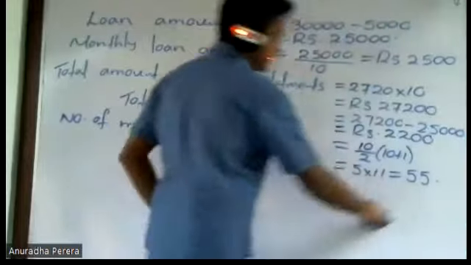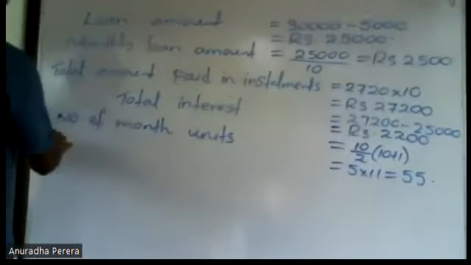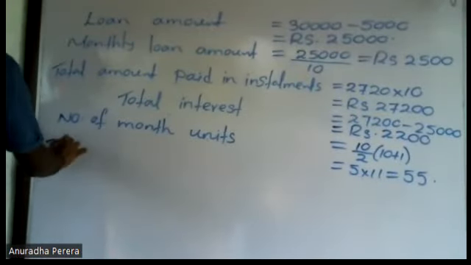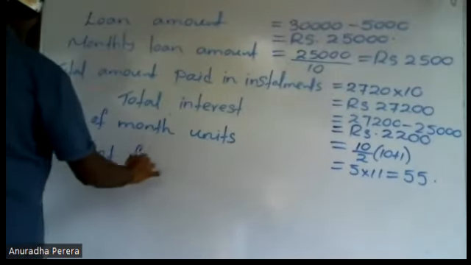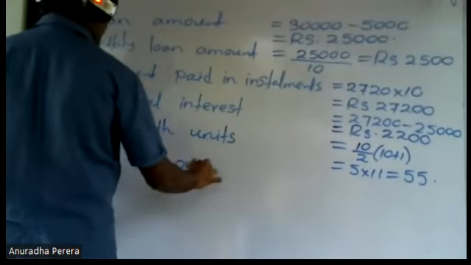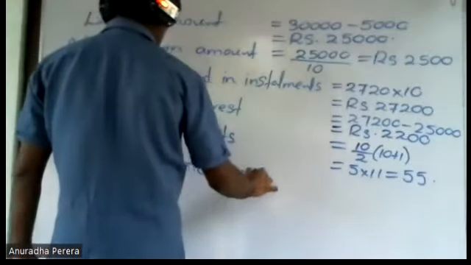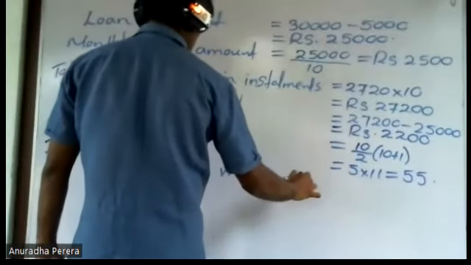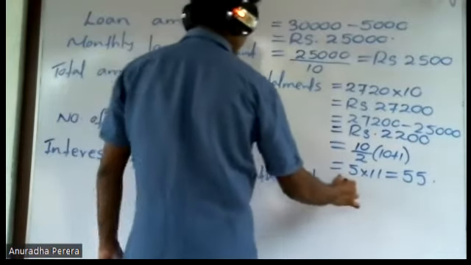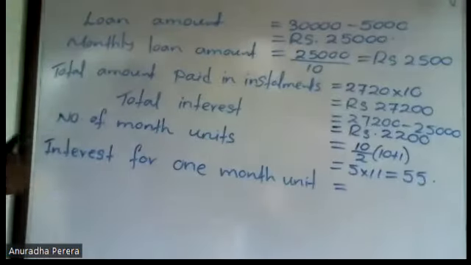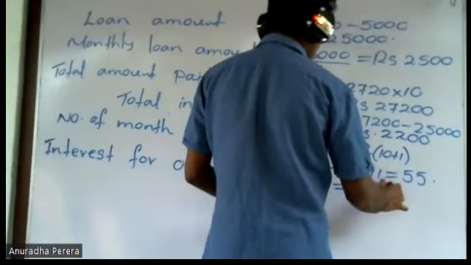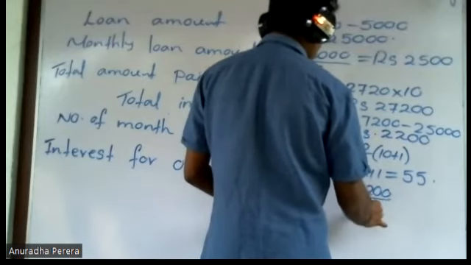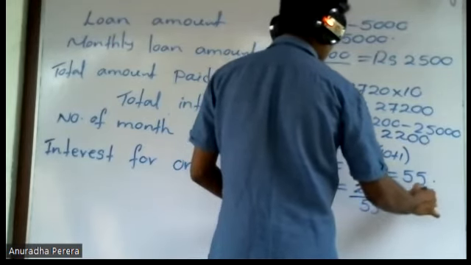Then determine the interest for 1 month unit. Number of month units 55. Interest for 1 month unit, divide total interest by number of month units, is 40 rupees.